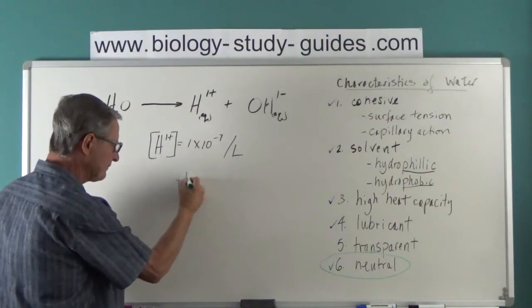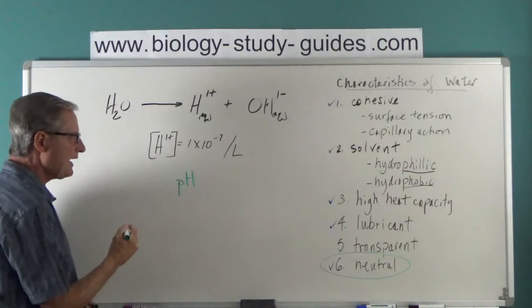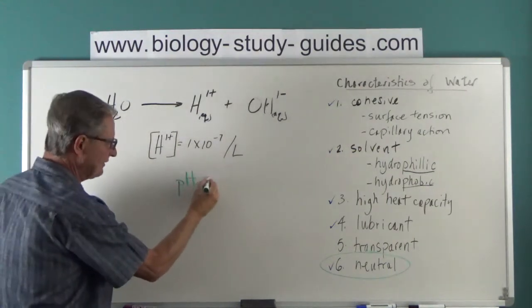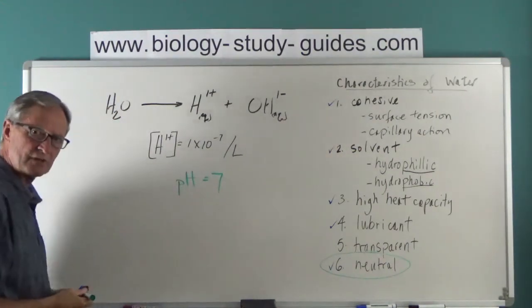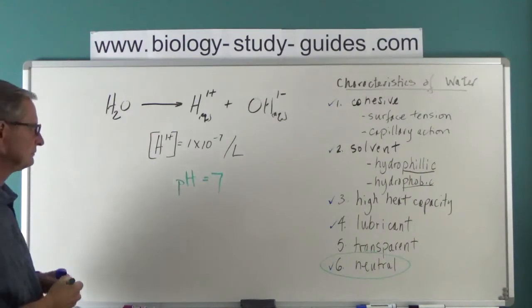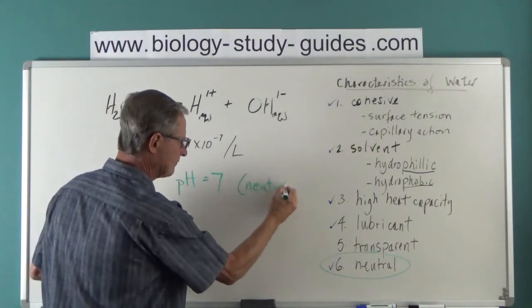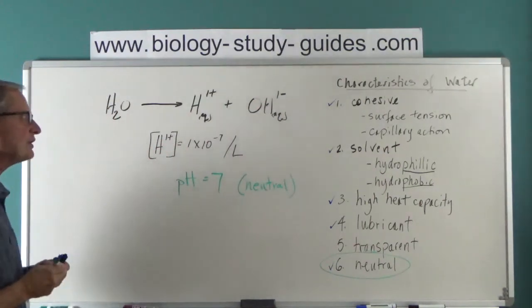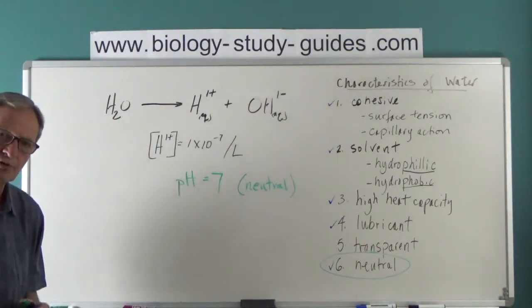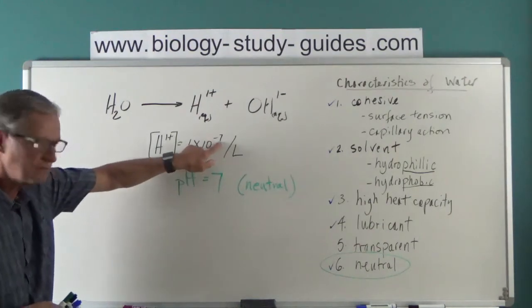The pH of water is 7. 7 is neutral. I'm sure that you can see where the 7 comes from. Right there.